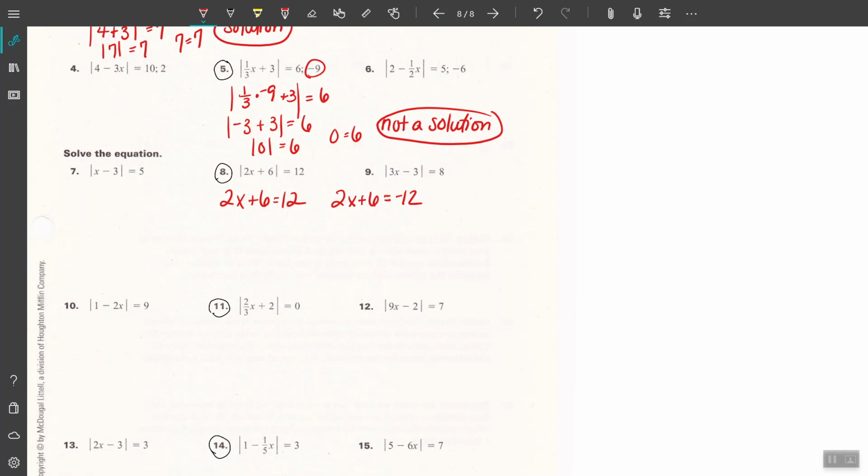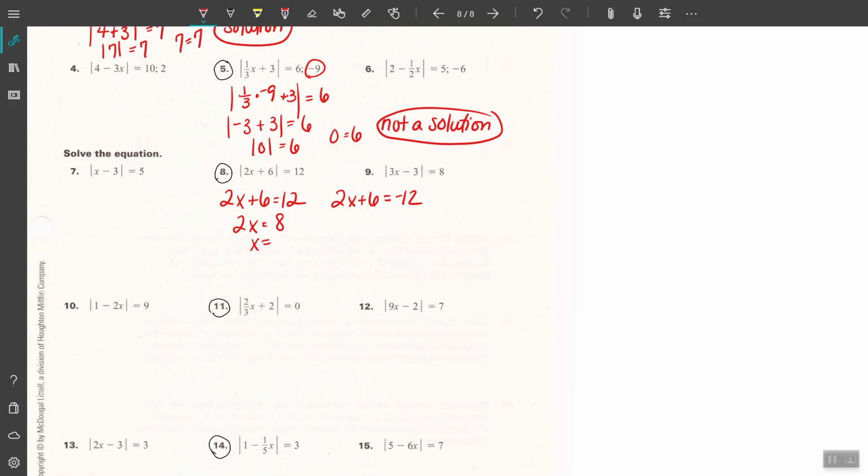So we can always go to the right and we can go to the left as well, and that's what that negative sign shows there. So when you drop the absolute value signs, you have to acknowledge that by rewriting two equations. All right, so then you're just going to solve it.